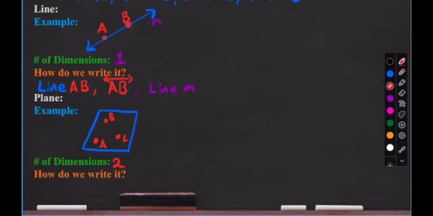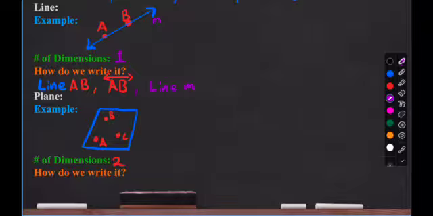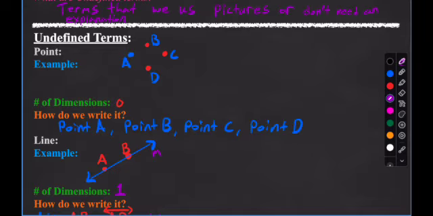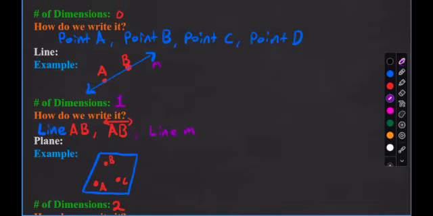So how we talk about a plane is we can just spell it out, plane ABC. Notice with a point, we only had to do one letter, point A, B, C, or D. With a line, we typically had to do 2 letters, or we can talk about the line with just 1 letter.